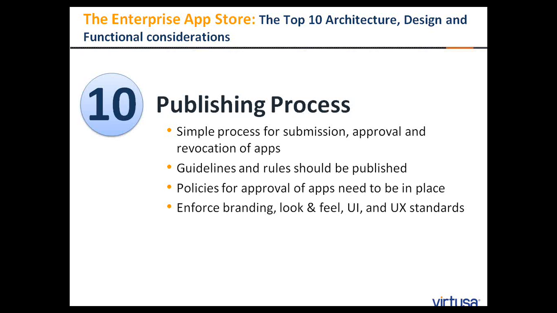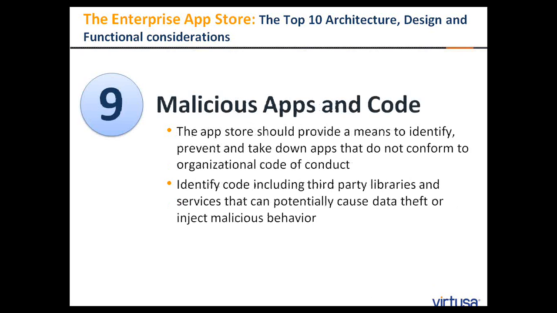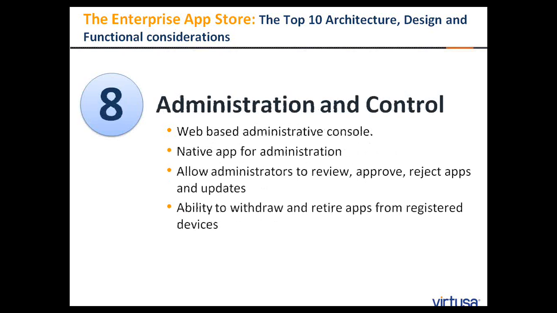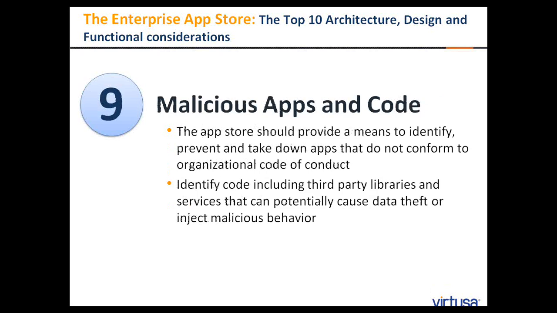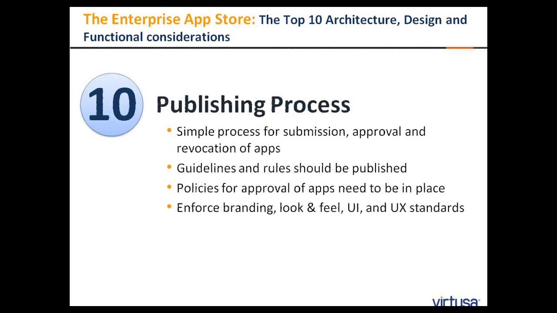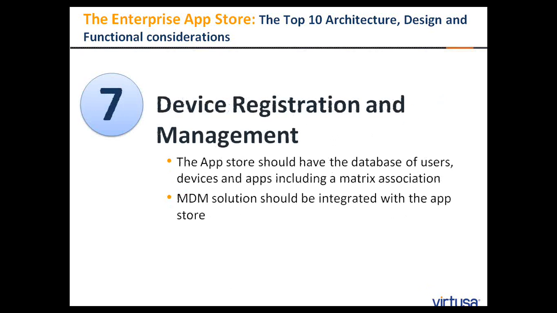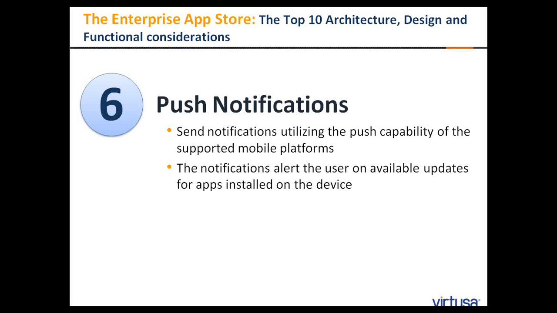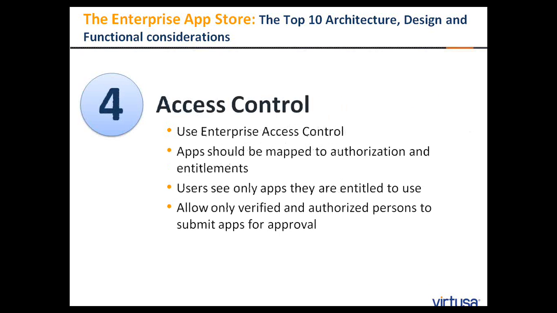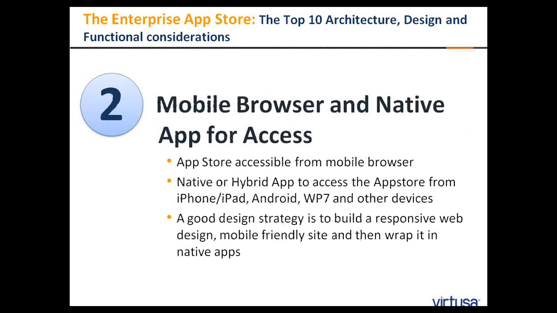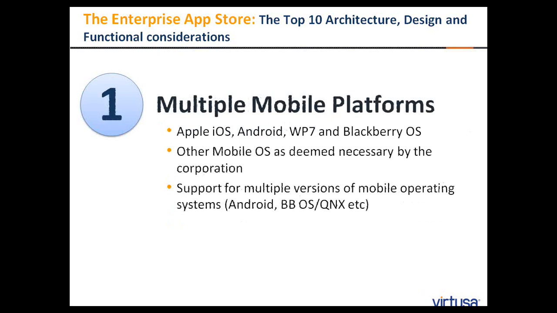So out of these 10 guidelines, for example, in a particular enterprise, number 9 could be given more priority over something which is number 8, which is administration and control. It's just a list of the top 10 considerations, but it's not in any order. It will depend from organization to organization on how they sort this list and what is the priority over these features and functionality of the App Store.